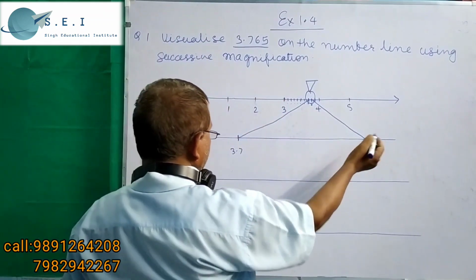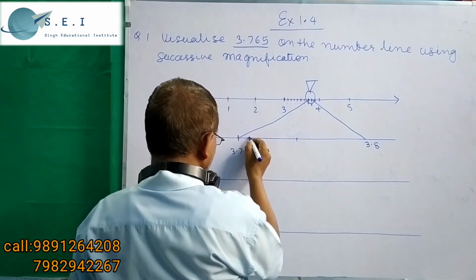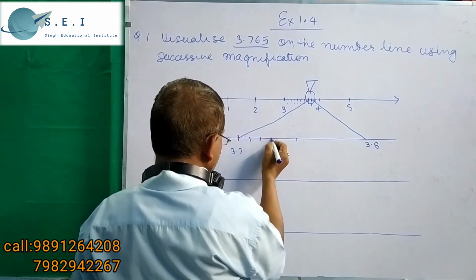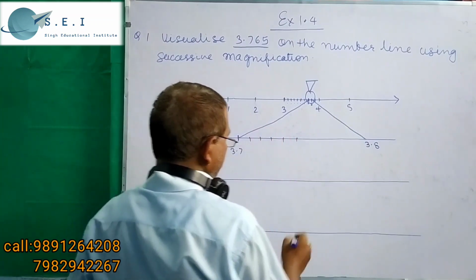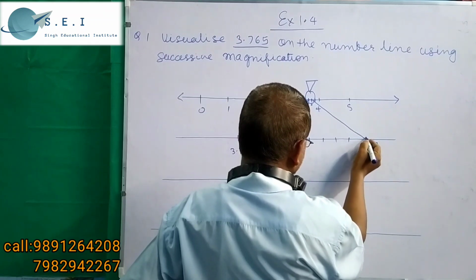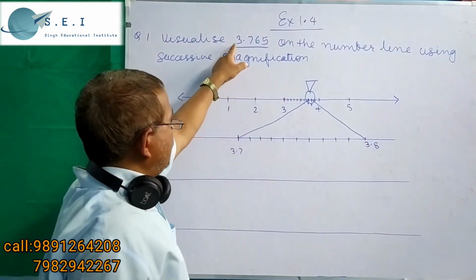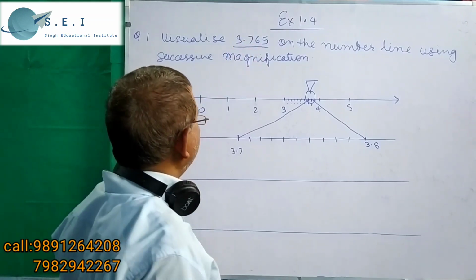Again, divide this line in 10 equal parts: 1, 2, 3, 4, 5, 6, 7, 8, 9 and this is 10. So our number is 3.76.